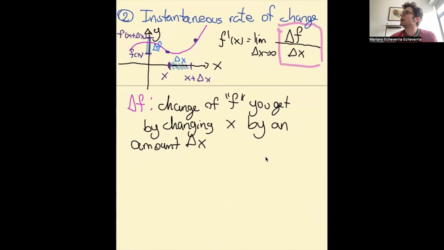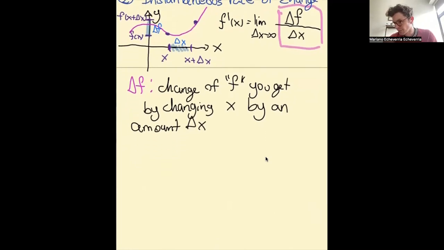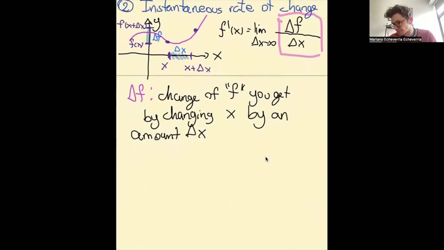So for example, if you look at this fraction, you're dividing by delta x. So it's kind of like the fraction itself is like a change per unit of x. It's like a rate of change, more like.